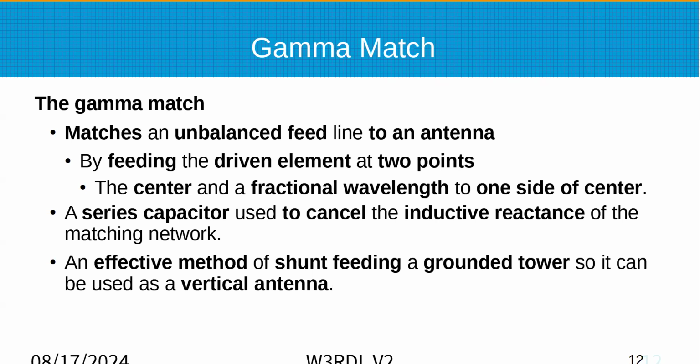And you can match an unbalanced feed line to the antenna. It's a little more complicated than the others, where it has a series adjustable capacitor and an adjustable shunt so that you can match the capacitive reactance and the impedance point where you actually make the connection.